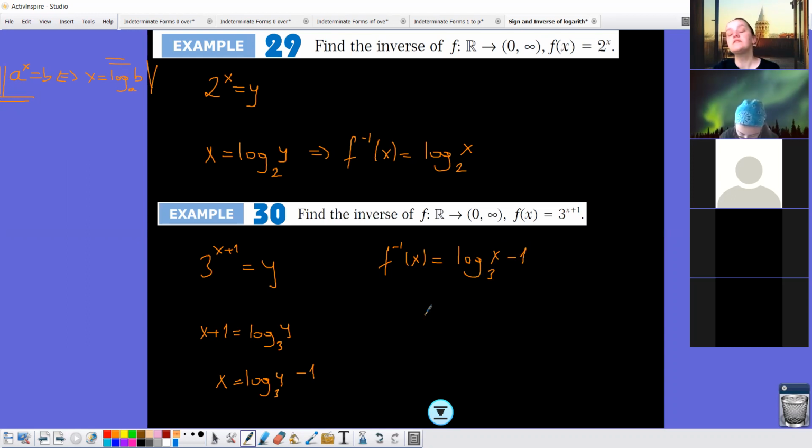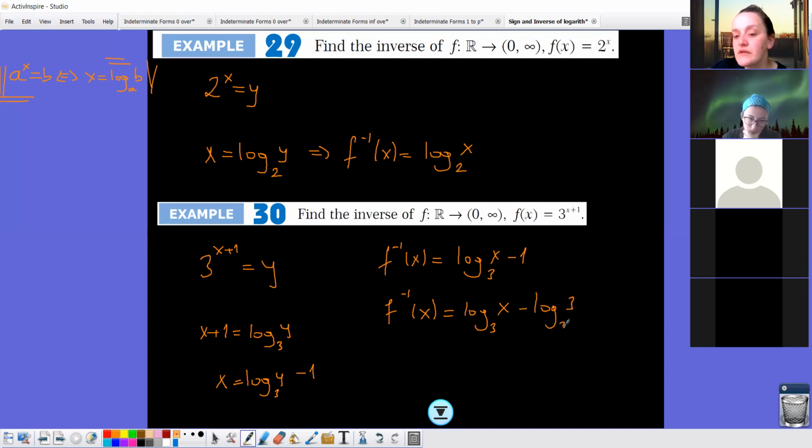You can leave it like this, or with the properties of logarithm, you can change something here. How can we write this one more simply? Logarithm of x to the base 3 minus logarithm of 3 to the base 3, because 1 is logarithm of 3 to the base 3.